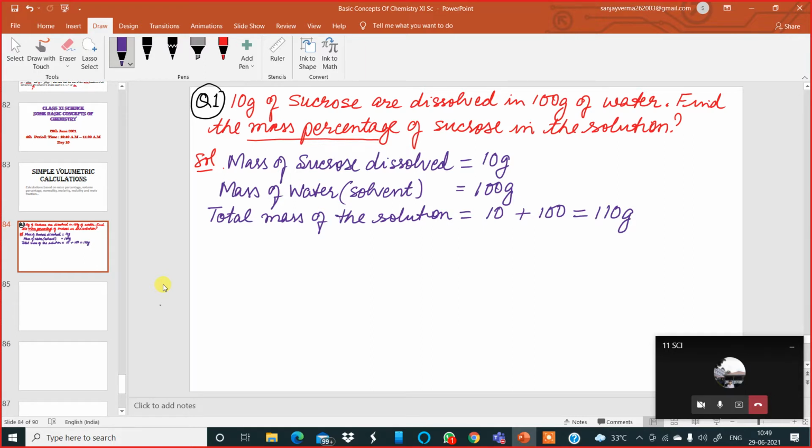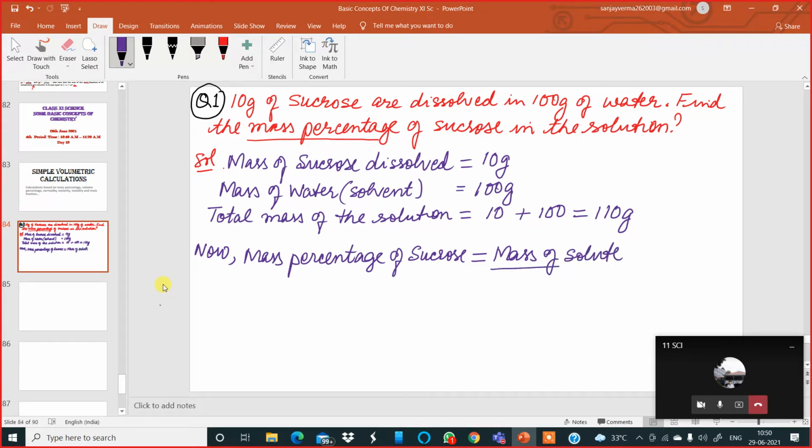Now we know the formula for mass percentage. In this case, mass percentage of sucrose is equal to mass of solute divided by mass of solution into 100.